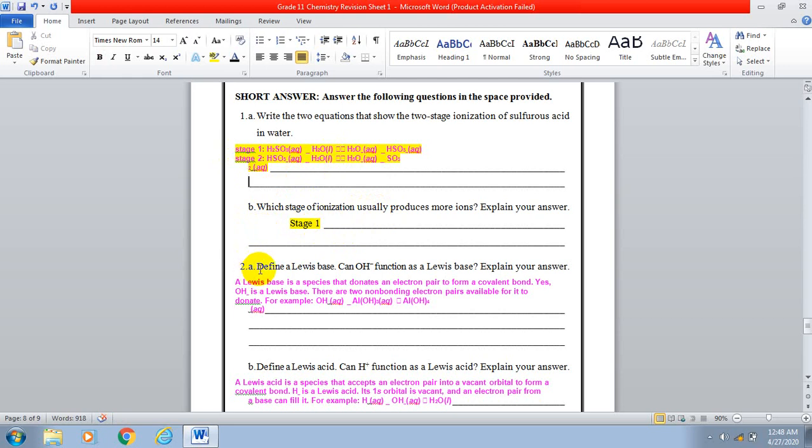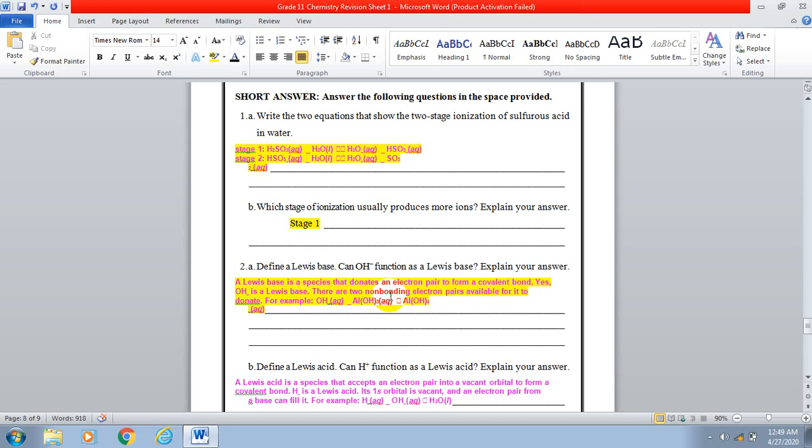Now for the second A option: define Lewis base. Can OH minus function as a Lewis base? Explain your answer. A Lewis base is a species that donates an electron pair to form a covalent bond. Yes, OH minus is a Lewis base.